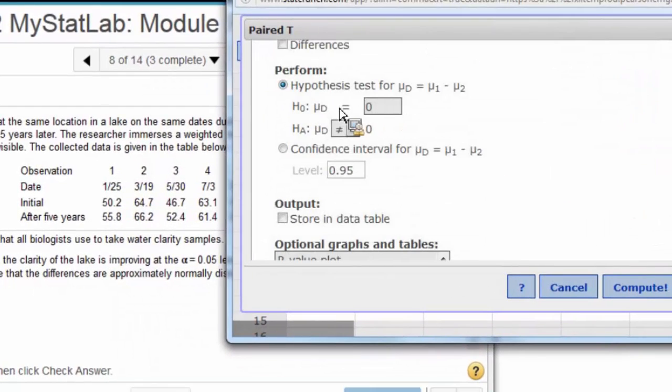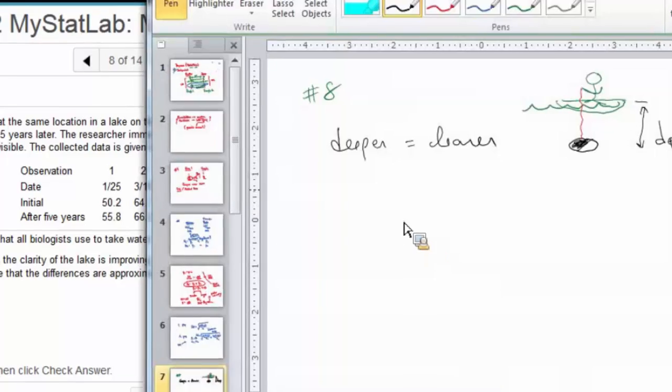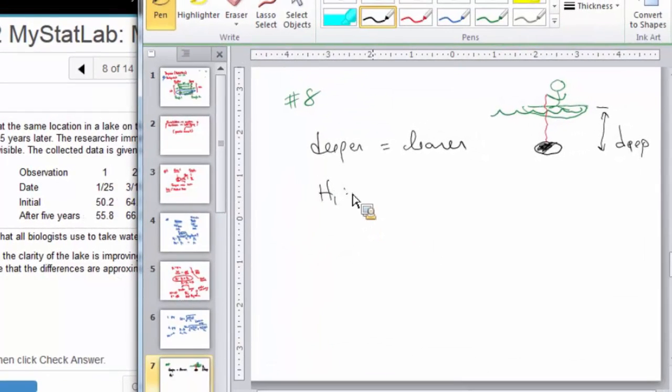Hypothesis test. The null hypothesis is that the difference is 0. Does the evidence suggest that the clarity is improving? So the alternative is more clear, which means that the 5-year measurement should be more than the initial.